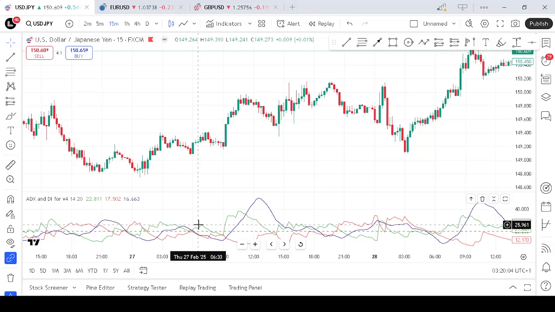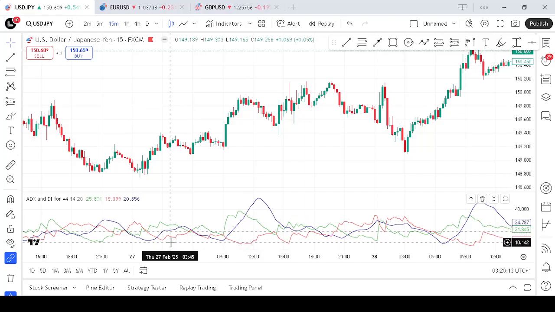The first line is the plus DI, which is the positive directional indicator, and the second line is the minus DI, which is the negative directional indicator.